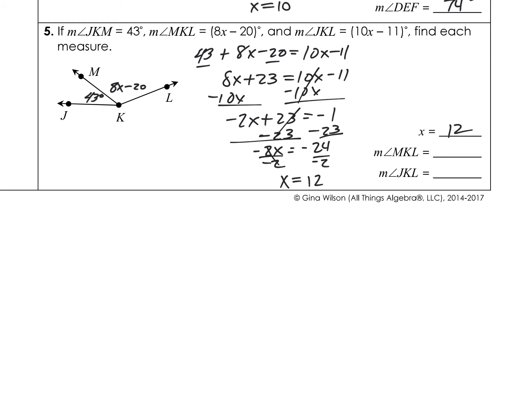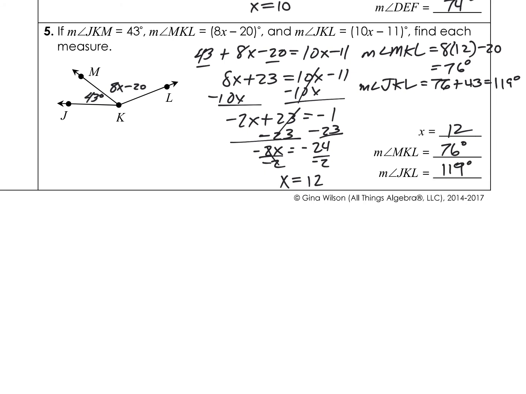Okay, if x equals 12, then the measure of angle MKL is equal to 8 times 12 minus 20. That's 96 minus 20, which is 76 degrees. And then the measure of angle JKL is equal to 76 plus 43, which is 70 and 40 is 110, 6 and 3 is 9, so that's 119.